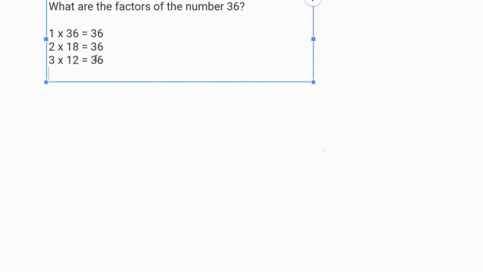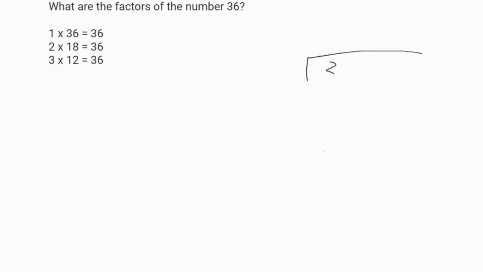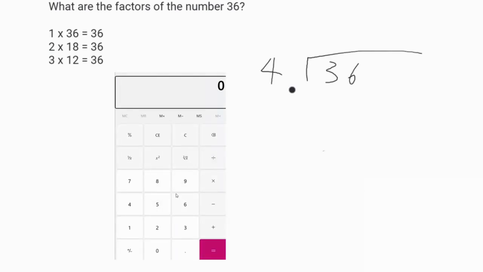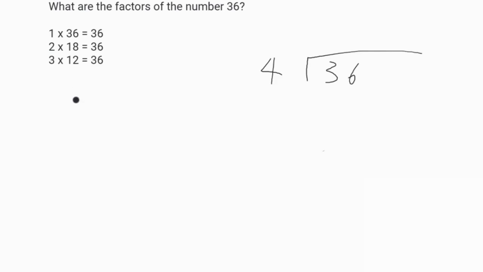Now 4. So we're going to divide again. We're going to take 36 and 4. Well, 3 is smaller than 4, so we have to go through the tables of 4. 4 times 5 is 20, and 4 times 9 equals 36.